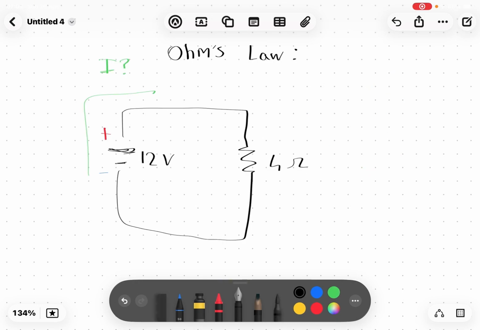Here's an example. Let's say we have a circuit, the voltage is 12 and the resistance is 4, and we need to find out the current. So V equals IR. We just need to do the rearranging.